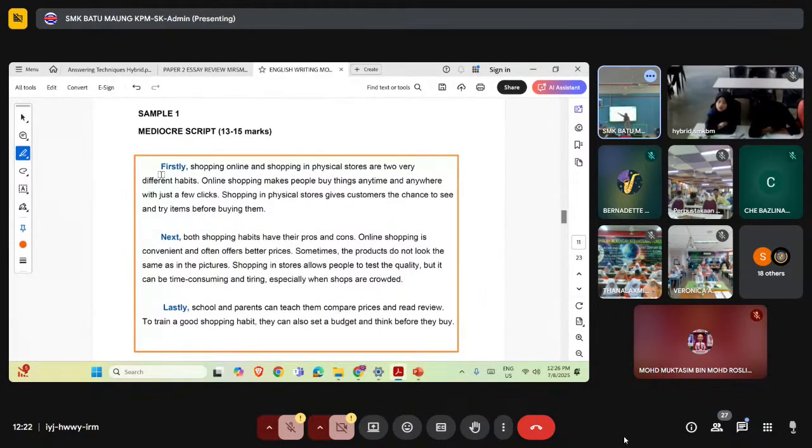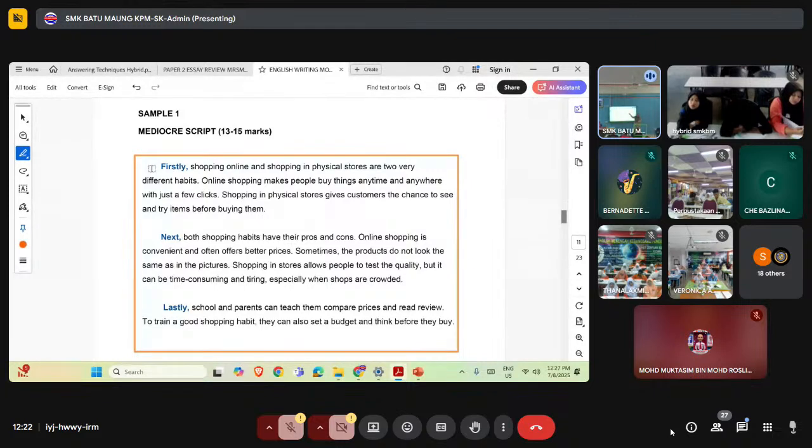Firstly, next, lastly. Firstly, shopping online and shopping in physical store are two very different habits. Online shopping, you can do it at any time, anywhere. Shopping in a physical store gives customers the chance to see and try items.